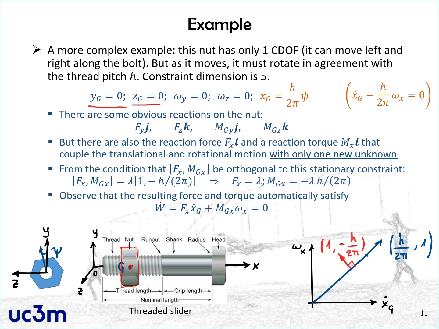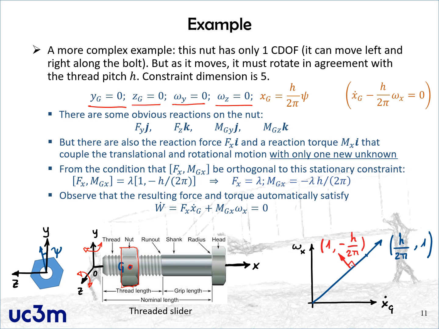Similarly, we know that the nut cannot rotate about the z or y axis. So this is completely forbidden, and that means that the angular velocities omega y and omega z are equal to 0.